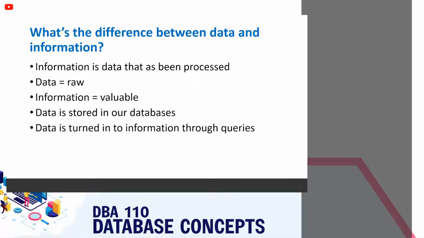So we're asking, what do we need to do to make that data valuable? What do we need to do to process that data and turn it into information? Especially early on here, that's going to be the majority of what we're doing: writing queries to take that data that's in our database, run it through some sort of process, and give it out to us as information.